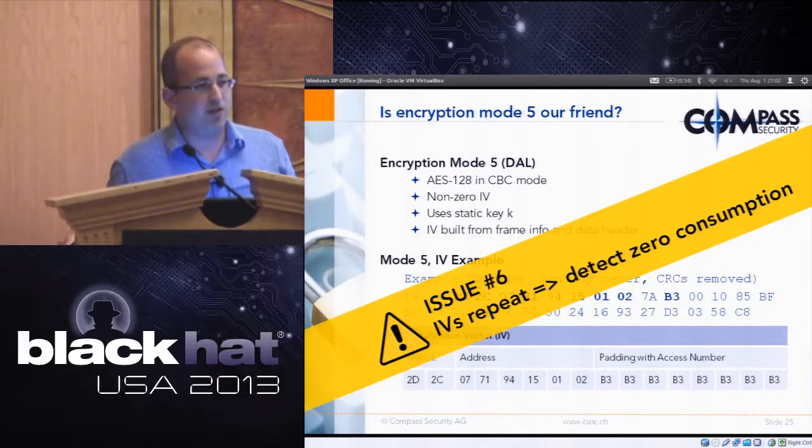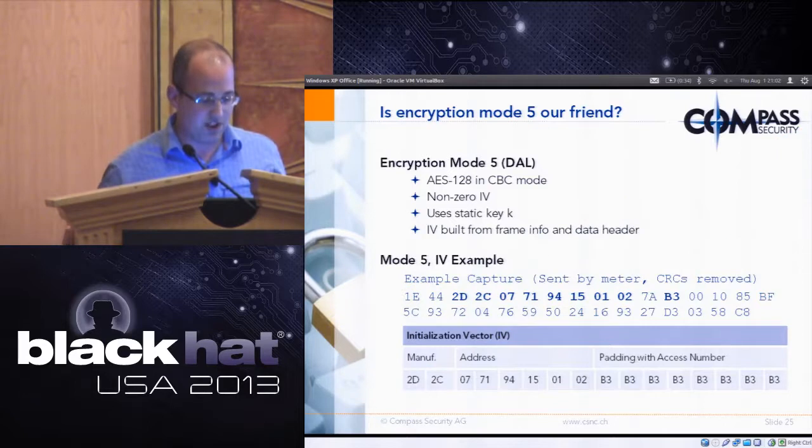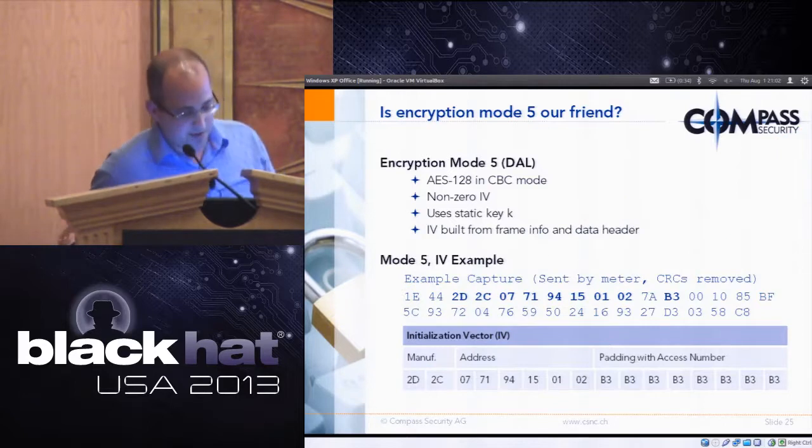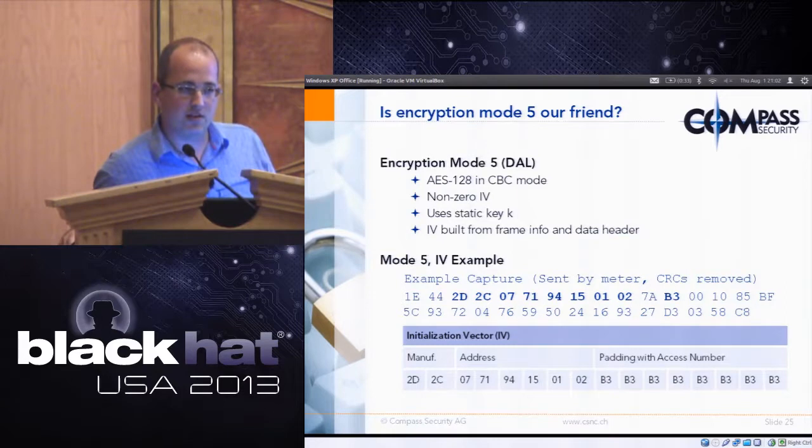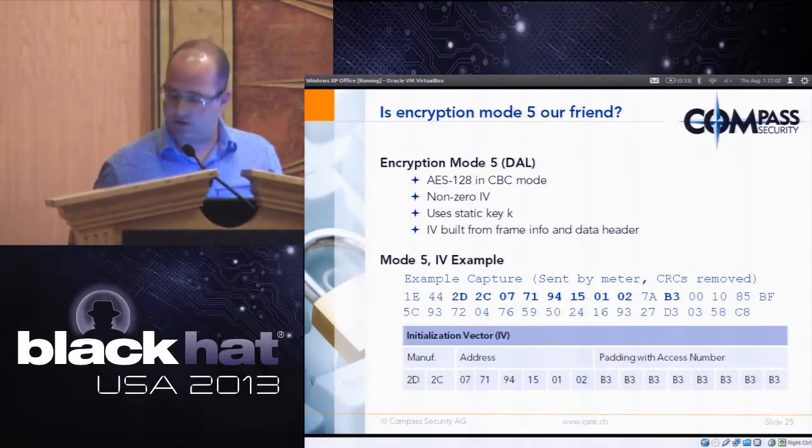Then you have to wait for 255 packets, and then you know whether energy was consumed or not, because it will be the same IV, because the IV is constructed from the initial vector, the manufacturer, the address, and the access number. And the access number basically rolls over after 255. So be a bit patient and you will get to your result.